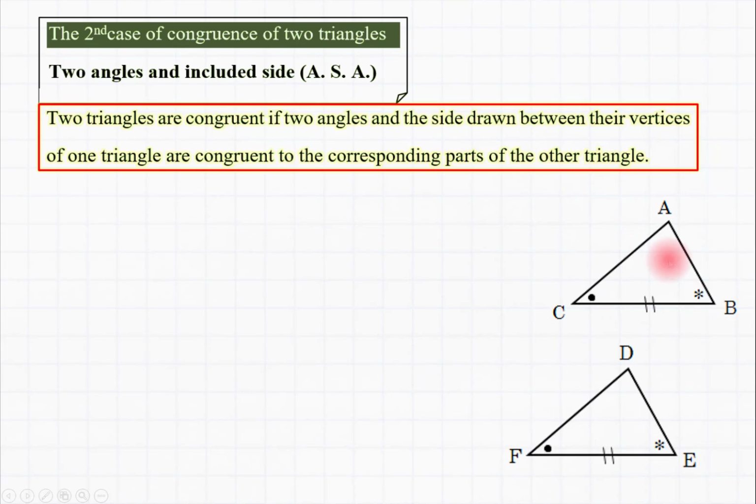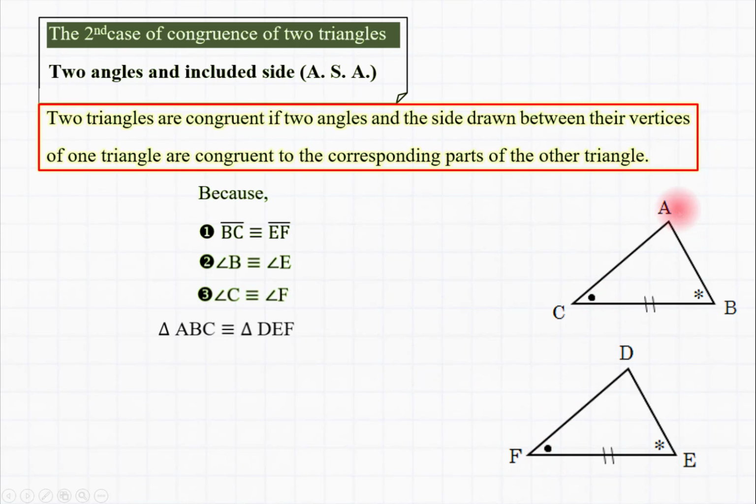In these two triangles, ABC and DEF, the length of side BC equals the length of side EF, angle B is congruent to angle E, and angle C is congruent to angle F. Therefore, triangle ABC is congruent to triangle DEF because we have two angles and the included side between them: angle, side, angle.